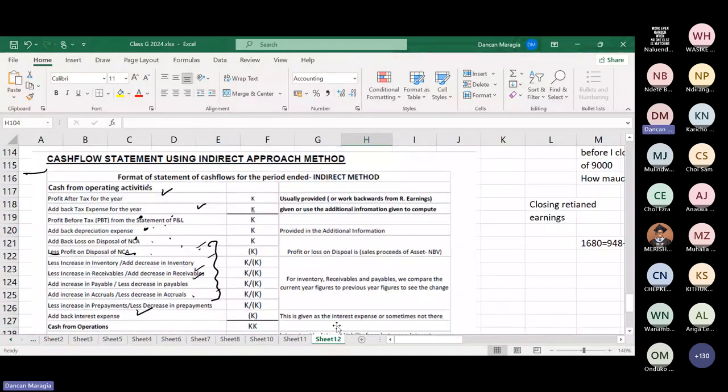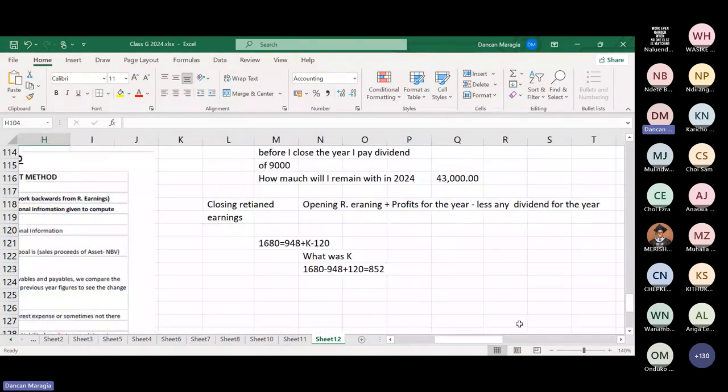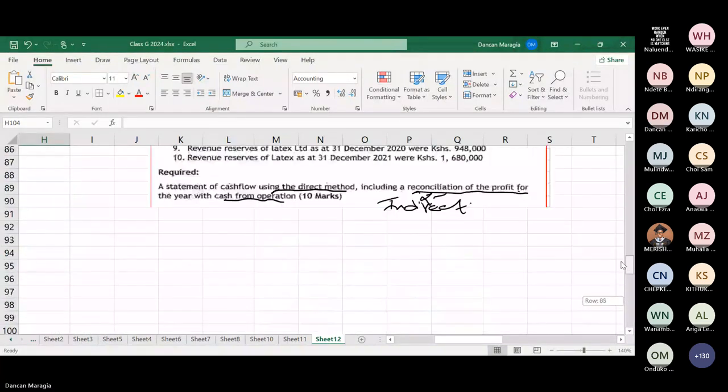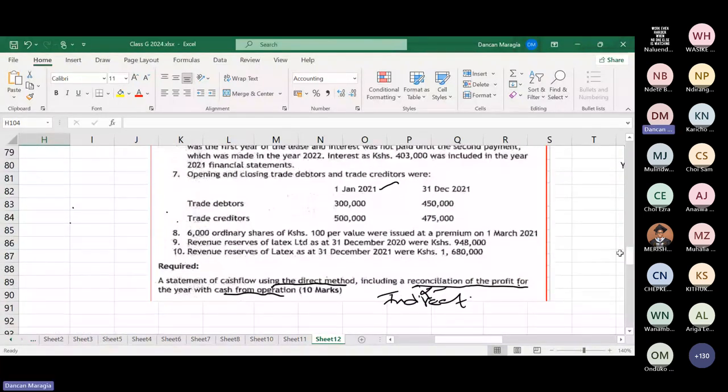Next is receivables and then payables. So change in receivables and change in payables. We also come to the question and we check. Remember, debtors is what we call receivables and creditors is what we call payables. On 1st January 2021, debtors were 300,000, and 31st December 2021, 450,000.